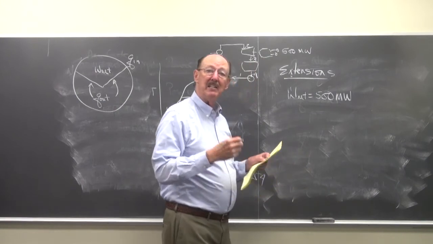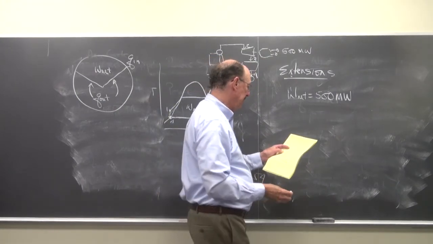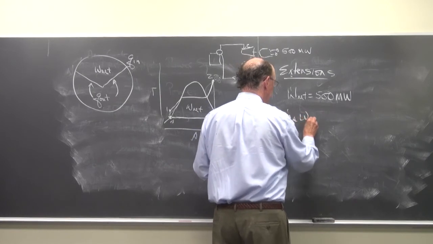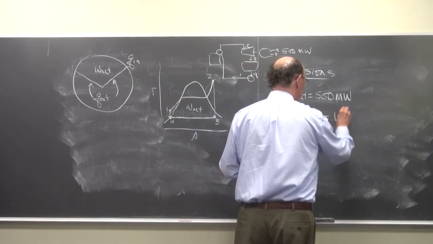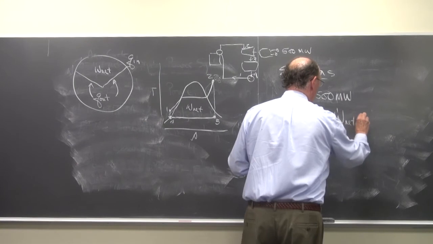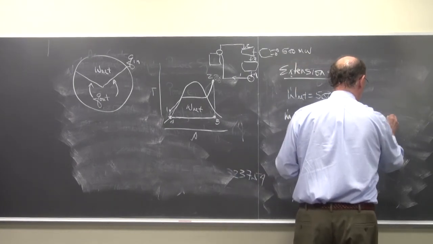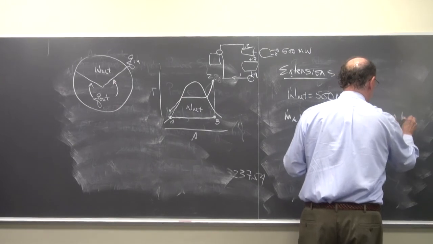With that, I can find the mass flow rate required. So let's say m dot s times w net is equal to large W net, which is 500,000 kilowatts.